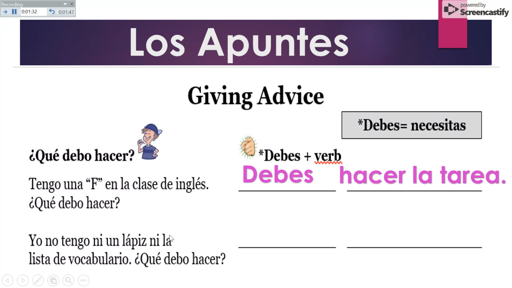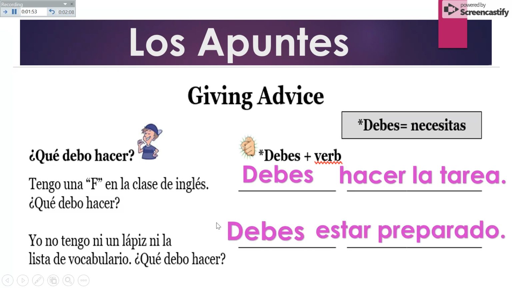So take a moment to think about what piece of advice you would recommend for them, and then write your answers on your notes handout. If you said debes estar preparado, that would be correct. You're saying you should be prepared because they never have the materials that they need, such as a pencil or their vocabulary list.